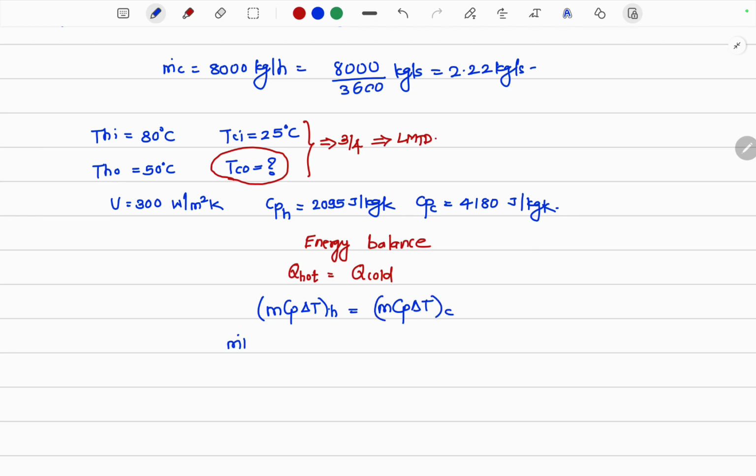So m dot H into Cph into delta T for hot fluid will be inlet temperature minus hot fluid outlet temperature, and for the cold fluid it will be m dot C into Cpc into TCO minus TCI.